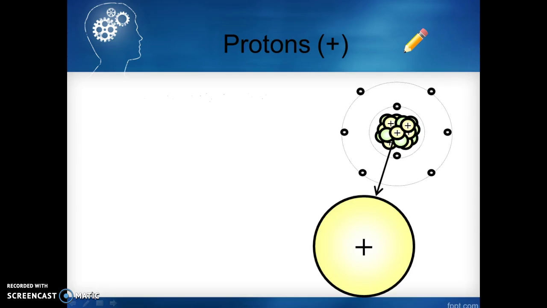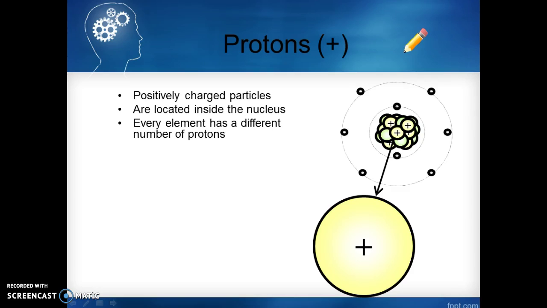Protons. Positively charged particles. They're located inside the nucleus. Every element has a different number of protons. That's what gives it its individual characteristics. The number of protons in an element is its atomic number.